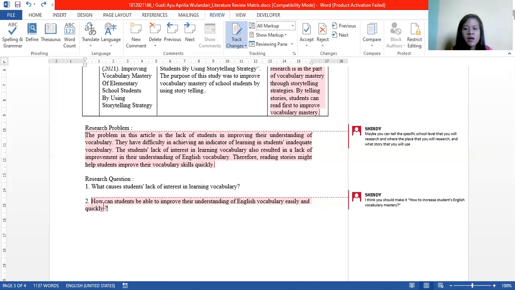I think you should ask about how to increase students' English vocabulary mastery to the teacher. Maybe you can make it your research. The subject is the teacher, not the students, because I think the students cannot find the solution about this.